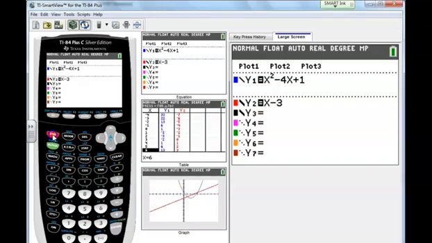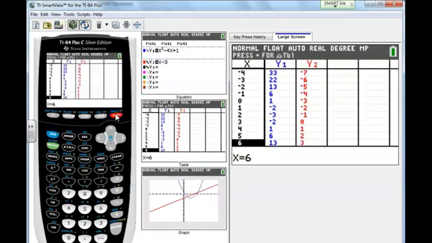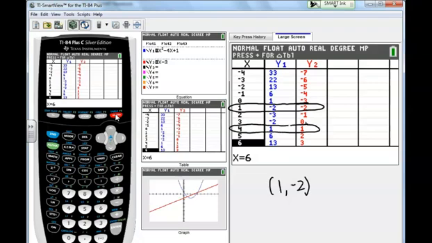To find where these two intersect, we'll go second graph, which will give us a table. I found the table by looking to see which x value had the same y value. So I see that 1, negative 2 is an intersection point, and I also see that at x is 4, y has the same value, so 4, 1.